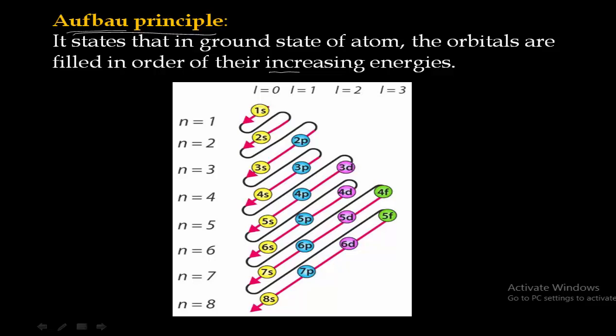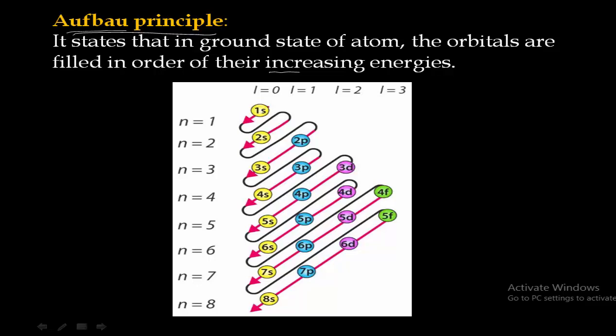In this manner the electrons will go on filling up. So you have to remember this diagram in order to write the electronic configuration of any element. If you remember this, we will go on filling up the electrons in the orbitals accordingly.